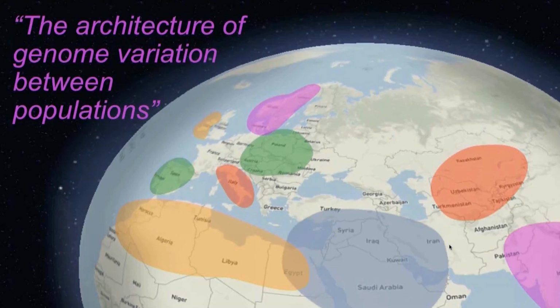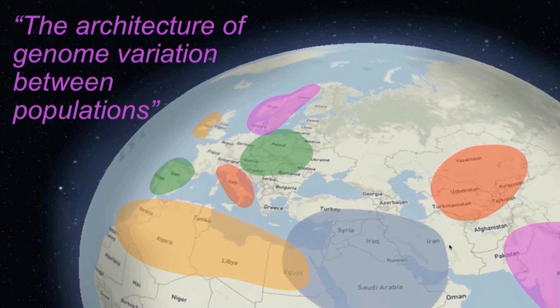The way we built this is that we took what we call a reference population set, sampled people from all around the world who lived and stayed in the same place for very long periods of time, many generations back, and we were trying to look at their DNA and see what's unique to these people.